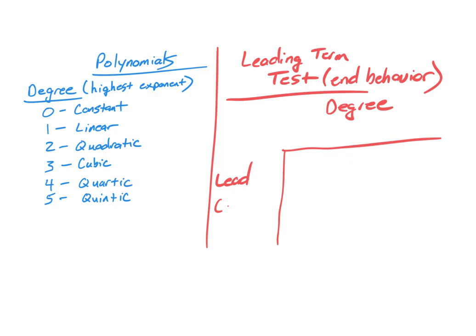The two things that we would need to know: what's the degree? Is the degree even or odd? And then is the leading coefficient a positive number or a negative number?